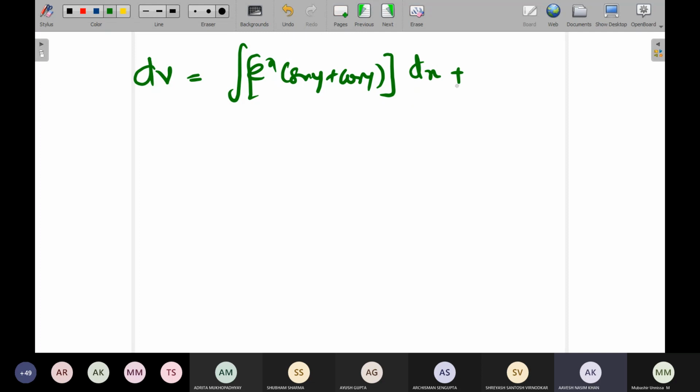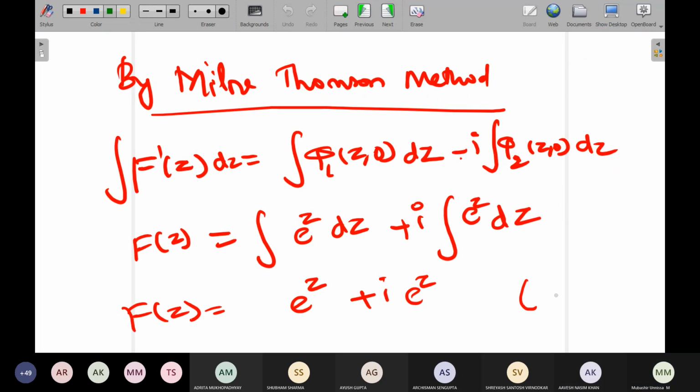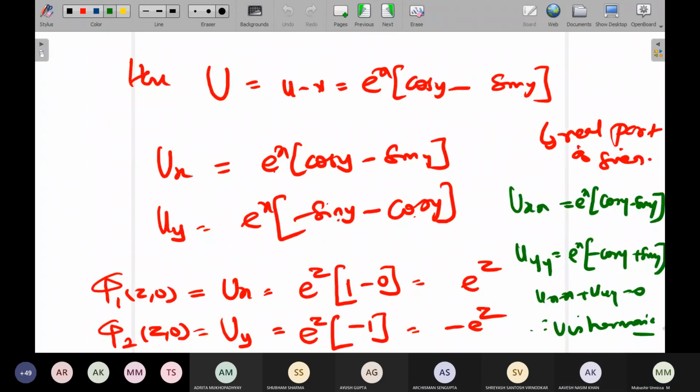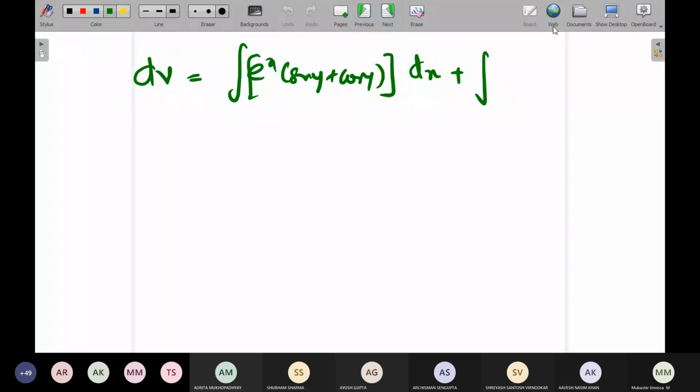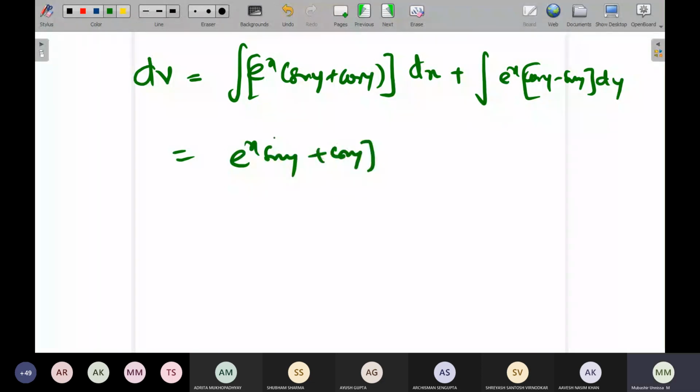E raised to x into sin y plus cos y. So you'll get e power x (sin y plus cos y) here.